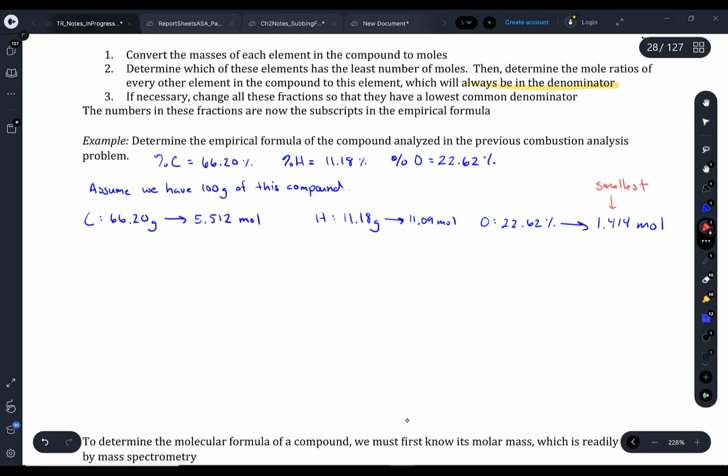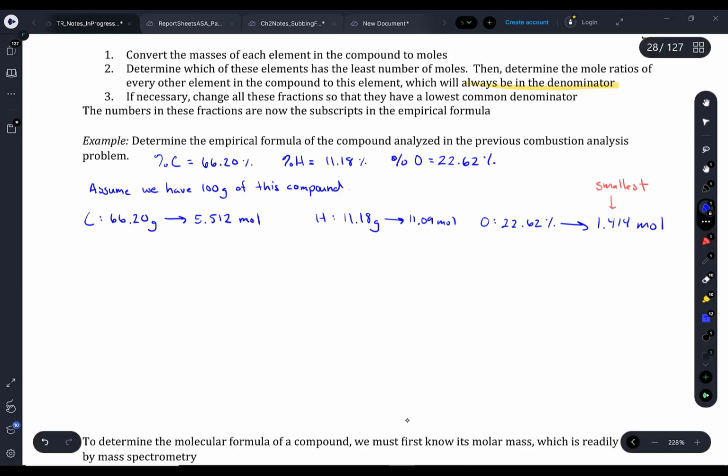So what does that mean? Whenever you divide these other numbers by the smallest, you're always going to get a number greater than or equal to 1, right? If that's the smallest number, 1.414, anything else you divide by it will be greater than 1.